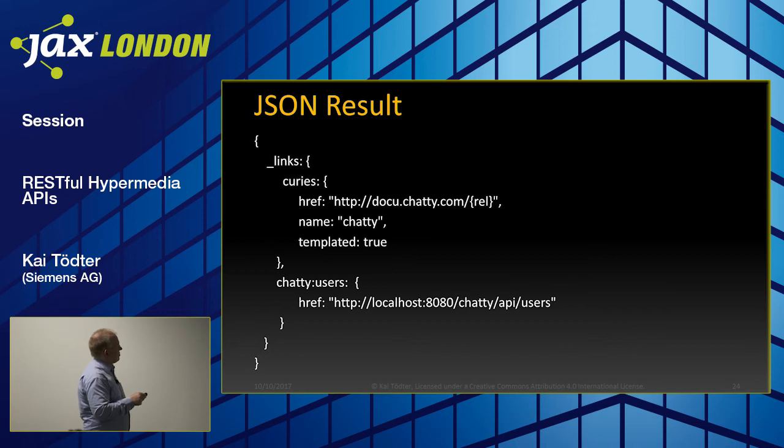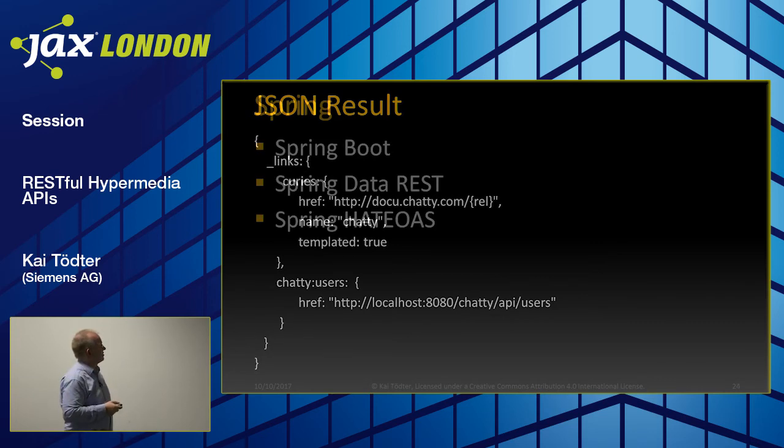And then I know if I have the namespace chatty, I would find the documentation for this link relationship chatty:users under the URL http://docu-chatty.com/users. And I will show you this live in a minute. This is a very nice way of documenting REST APIs and having the documentation very, very close to the actual service itself.